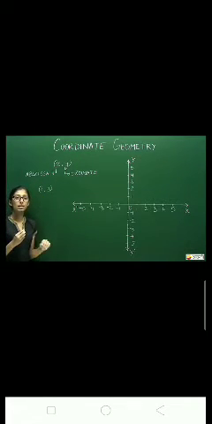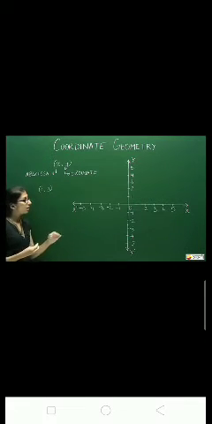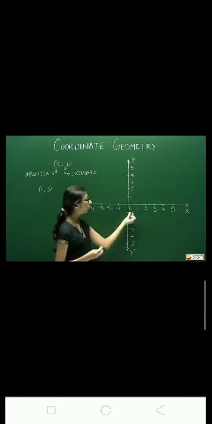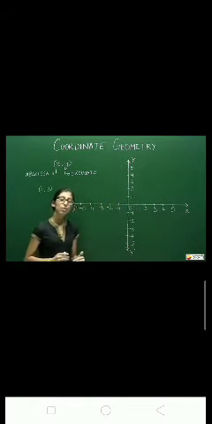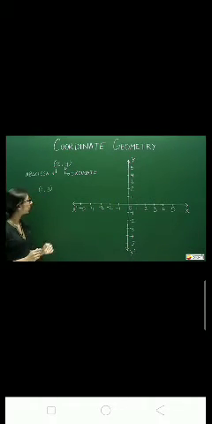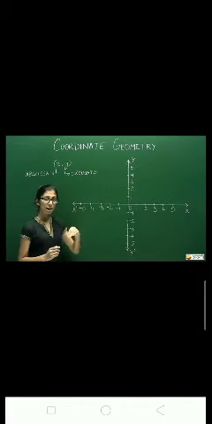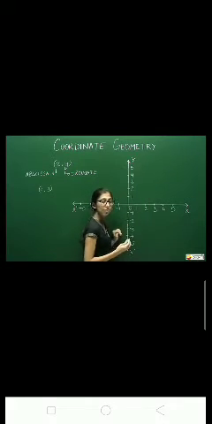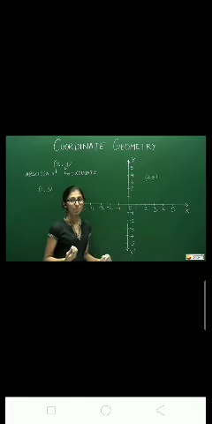First of all, we will move in the x direction. Since our x coordinate is positive, that means we have to go in the right direction. Then, from here we will move 3 units in the upward direction, and then we will be able to reach our required point, that is 2, 3.